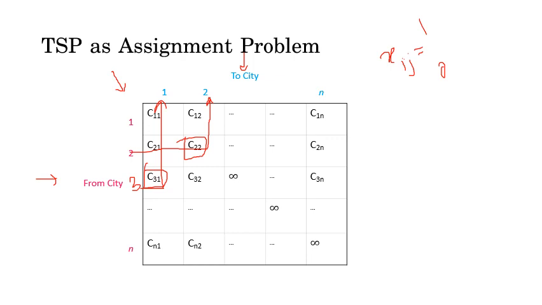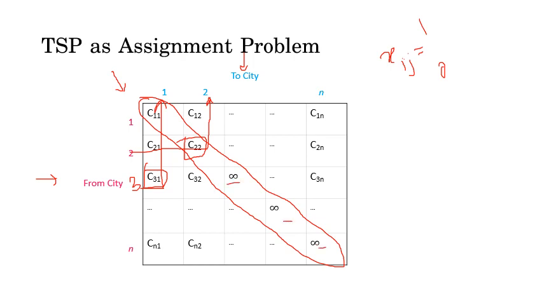But we know that our assumption, or our requirement, is that the salesperson should not travel to a city from the same city, and that's why the diagonal of this table has infinity.